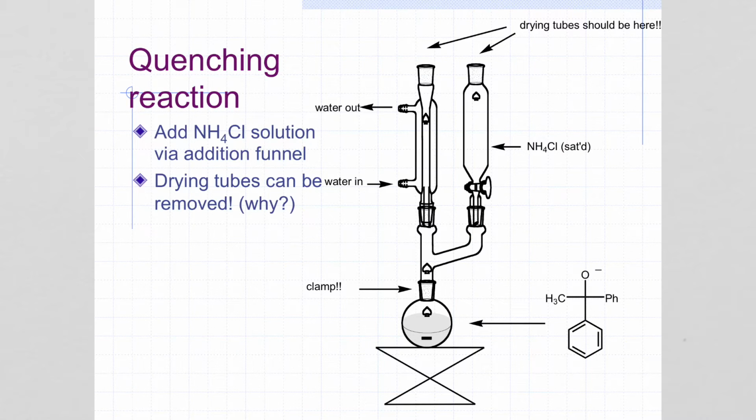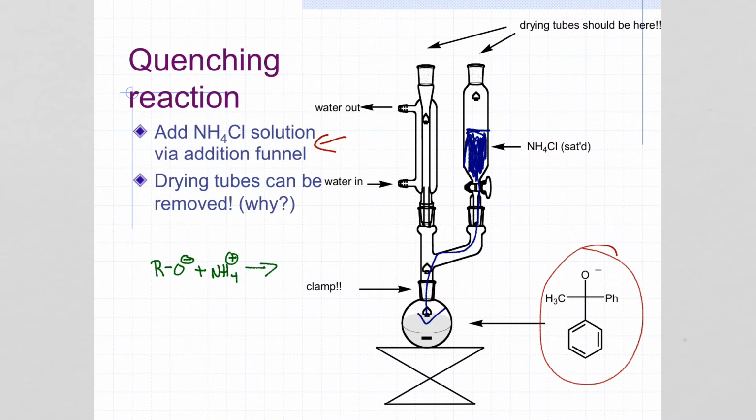Okay, so now you've got your alkoxide, and what we're going to do is add ammonium chloride. There's our ammonium chloride solution, and we're going to add that dropwise.